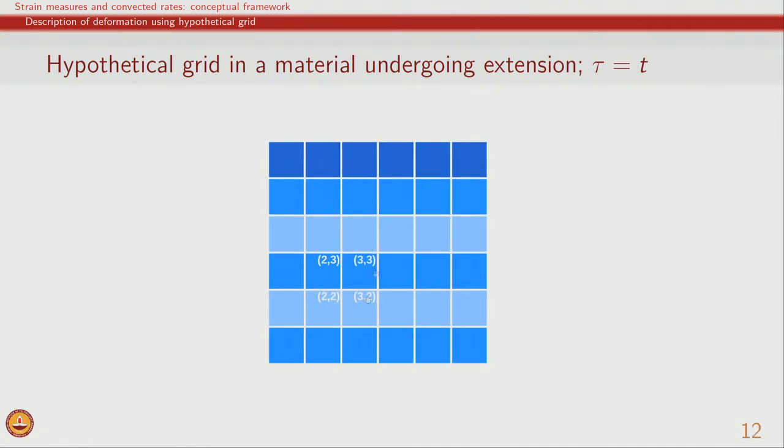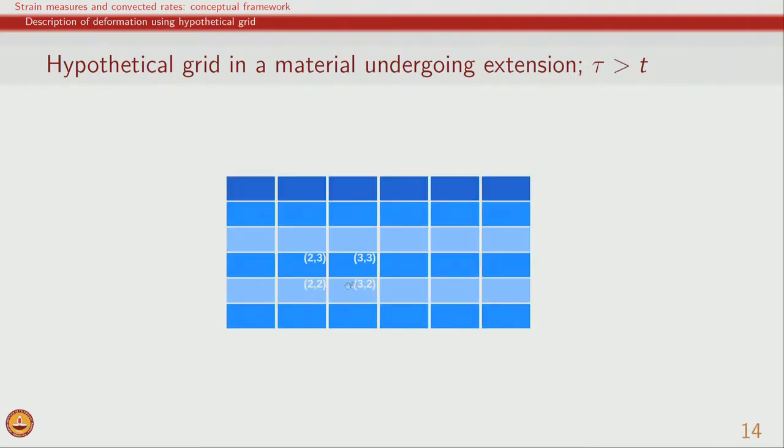Similarly, if we compare some time in the present and future, then the points connecting 2 2 and 3 2 are further apart, while the points connecting 2 3 and 2 2 are closer together. And again, if we look at the grid and how the grid itself overall is changing, we can clearly see that this is an example where there is an extension and contraction involved, extension in one direction while contraction in the other direction.